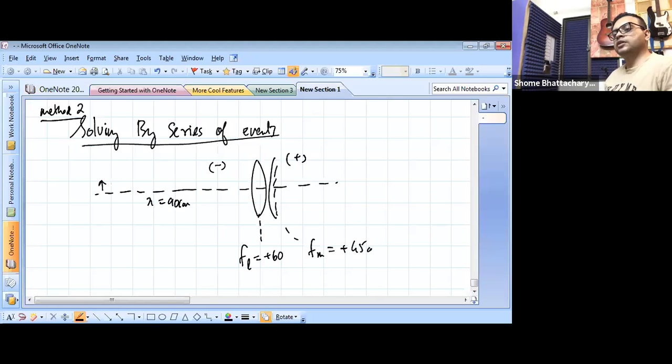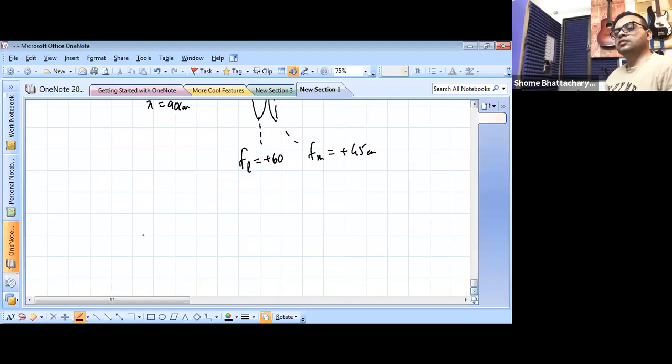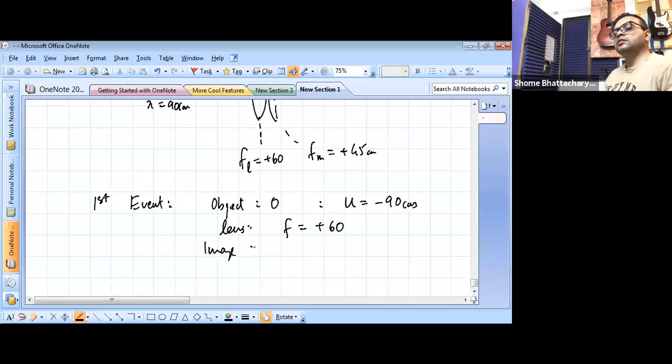40. So the first event: the object is O. We'll take U as minus 90 centimeters. The lens has the focal length of plus 60 and the image is I1.